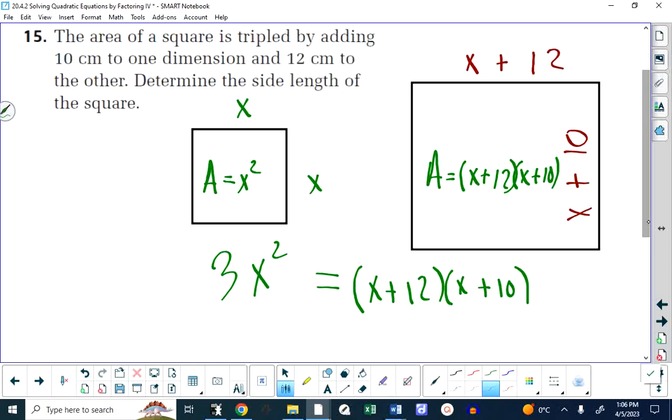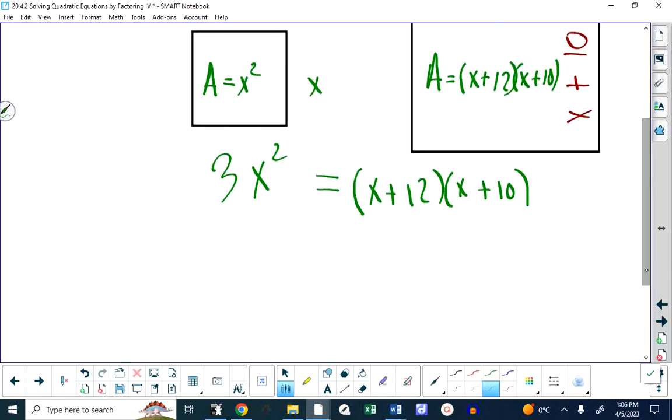I'm going to do one more step, but then we're going to move on. Before I zero this, I need to expand everything. Can you double check my mathematics there, my arithmetic? My algebra, I guess, because there's x's involved.